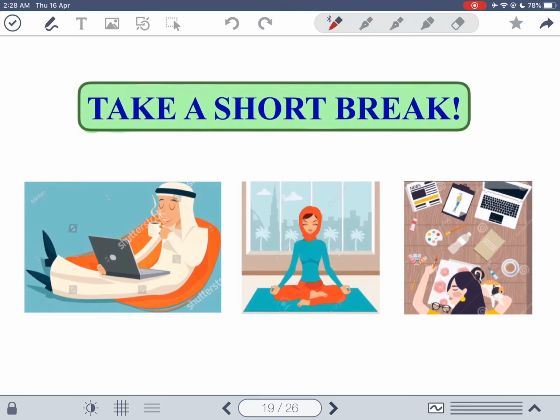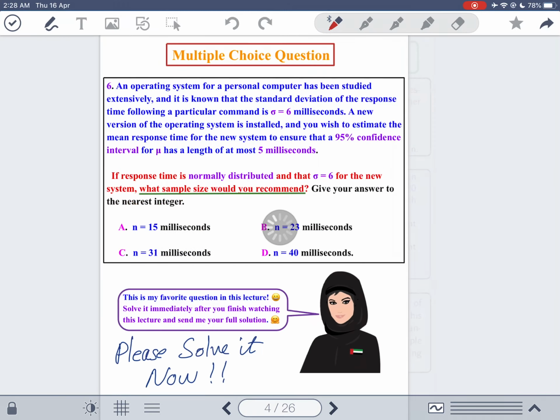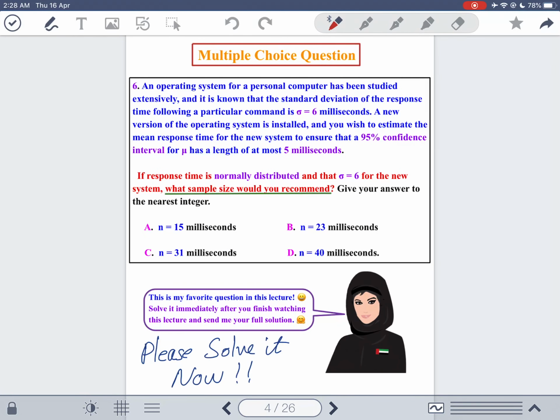So now please take a short break and pause the video. If you haven't solved the multiple choice question yet, the one that I told you is similar to the one that we solved before this question, please solve it now. So if you take a break, when you come back, you should have the answer to this question.